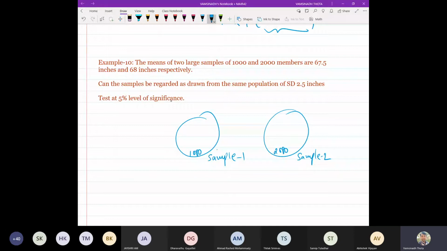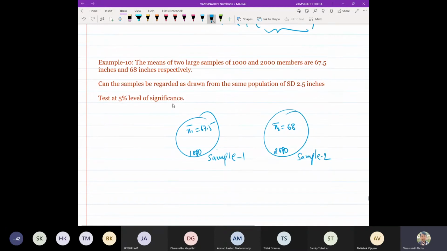And then the means are given: x1 bar is 67.5 and x2 bar is 68. Now, can the samples be regarded as drawn from the same population with standard deviation 2.5 inches or not? That is, we need to test at the 5% level of significance.